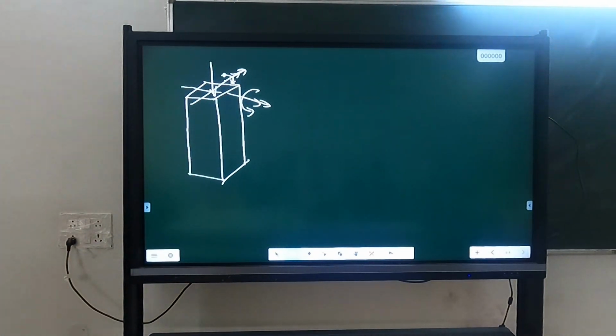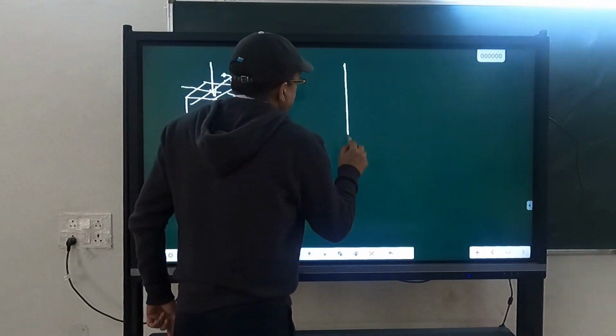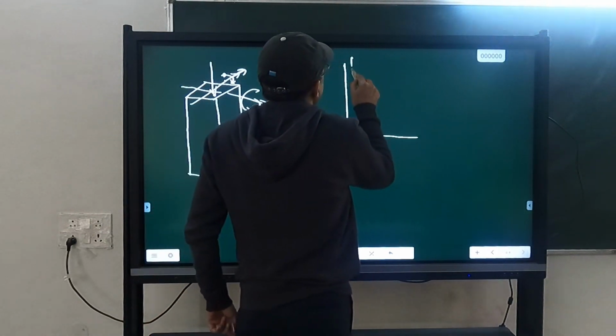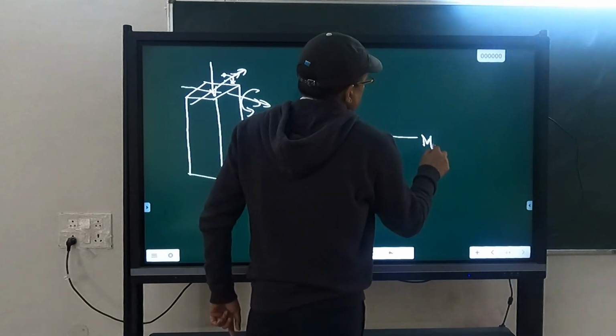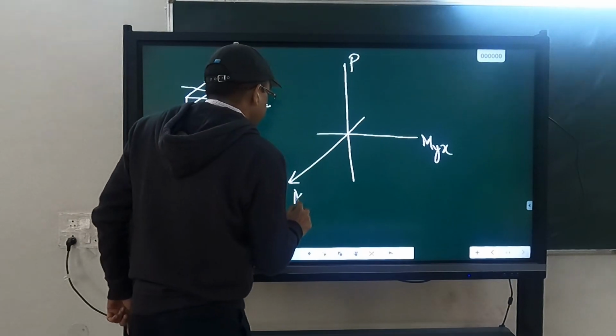So yielding does not depend on one moment, it depends on both the moments. Okay, so you have to plot the PM interaction curve in terms of Mx and in terms of My.